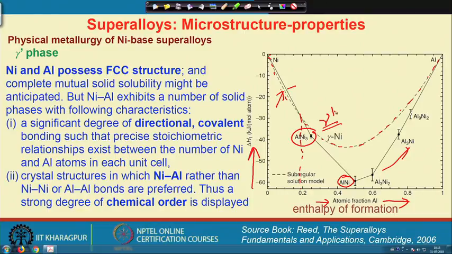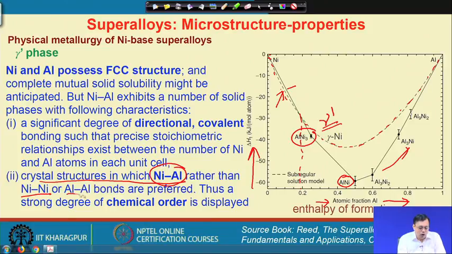In that case you will find that inside the crystal structure nickel aluminum bonds are more preferred than nickel or aluminum bonds. Therefore, there is a very strong degree of chemical ordering displayed by the nickel and aluminum system. So, this is the nickel side and this is the aluminum side.